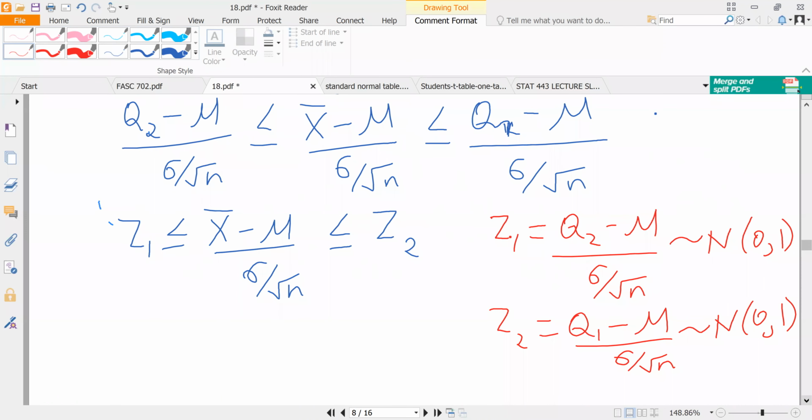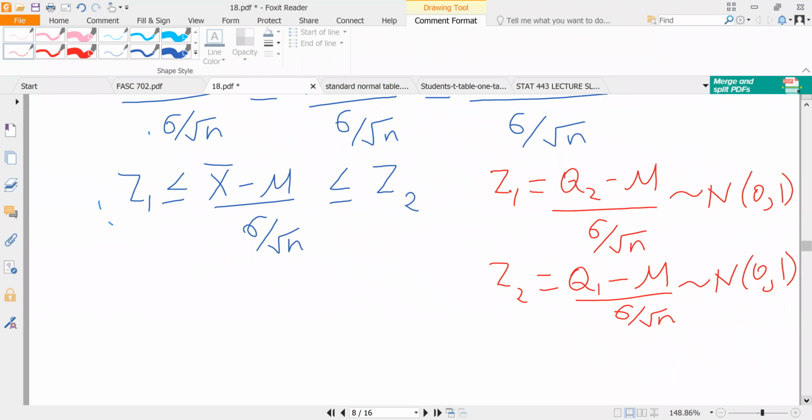Once we have that interval expressed as such, we now make mu the subject. So we are going to rewrite all this.